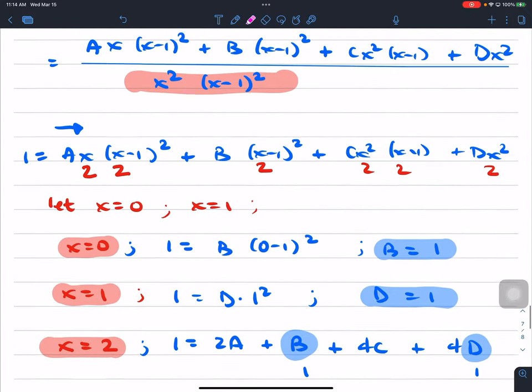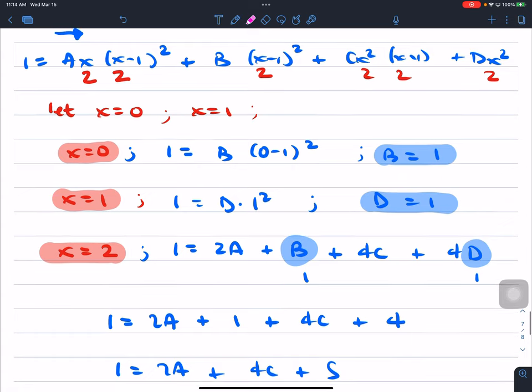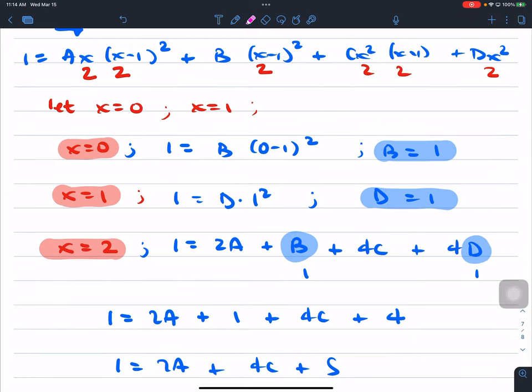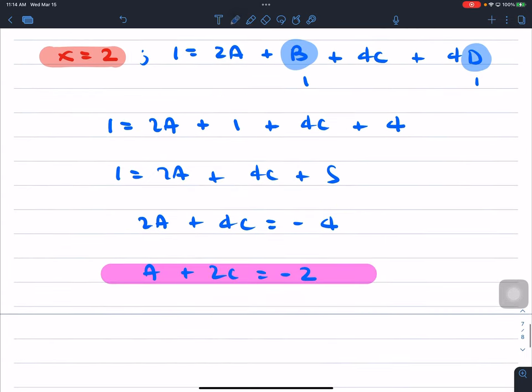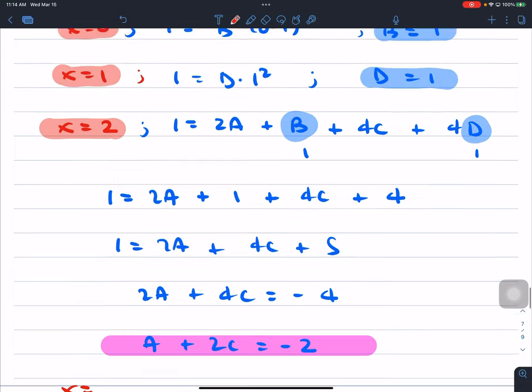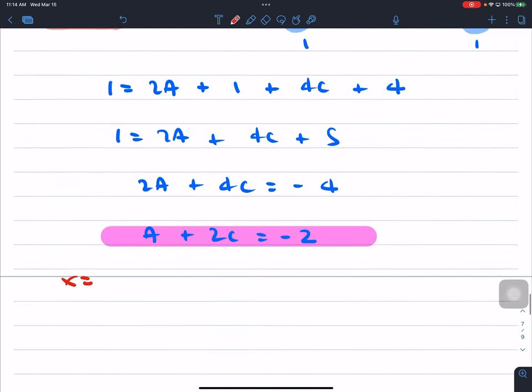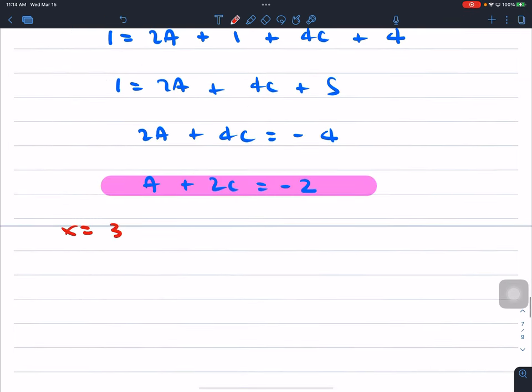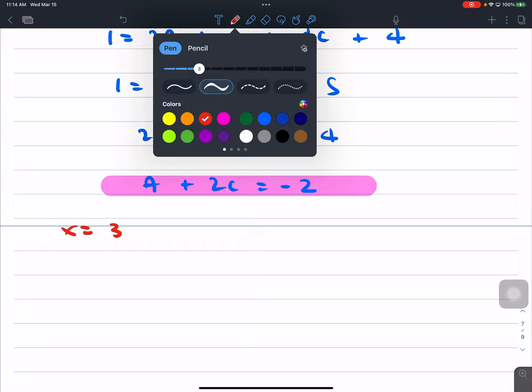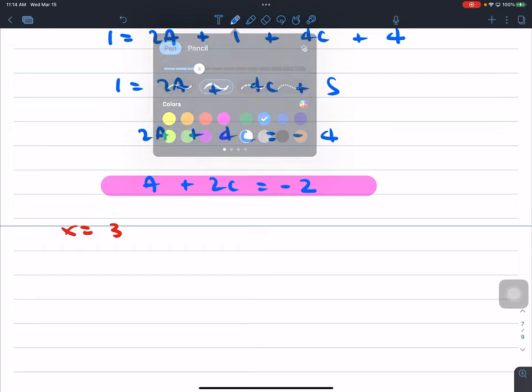You know what you may have to do? I'm going to let x be another number here. Let's try x being, what number should we try? Should we try 3? Okay. You guys will see my point.